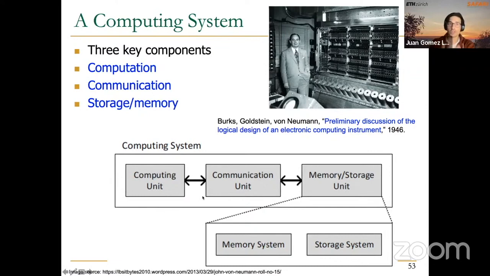And the problem itself is not coming from the von Neumann model. The problem is coming from this communication unit, and the fact that this communication unit is very narrow and provides very little bandwidth and, unfortunately, very long latency for the compute unit to access data residing in memory and storage units.